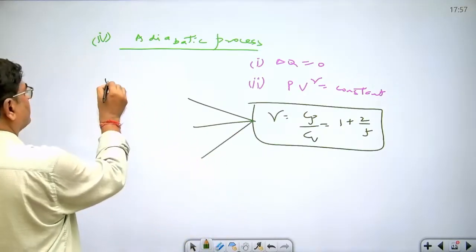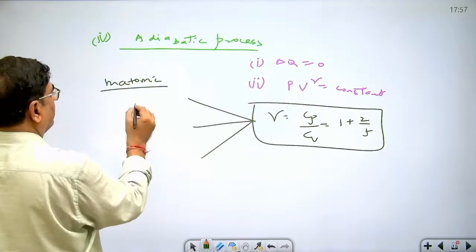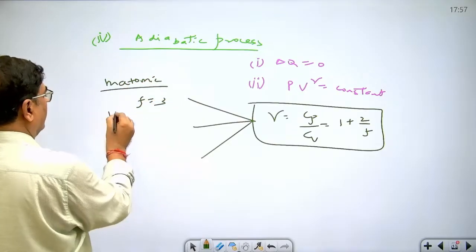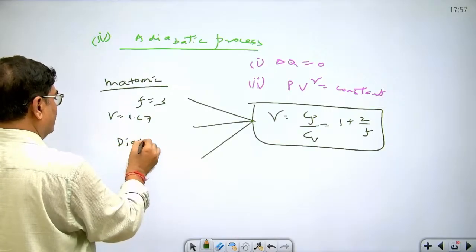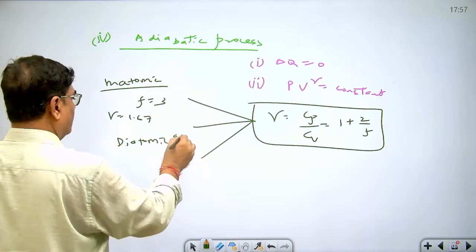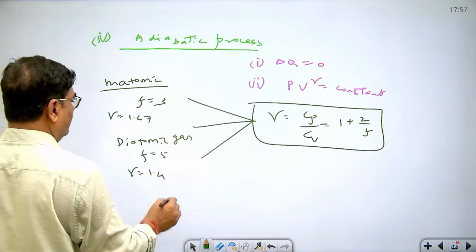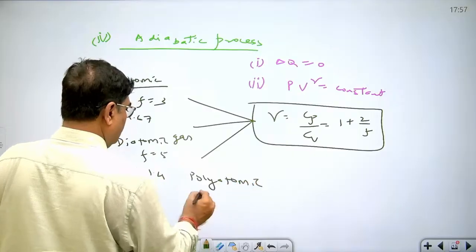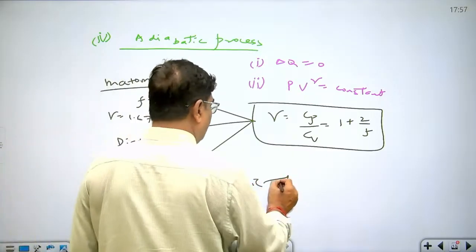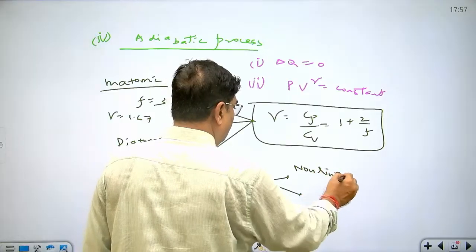It depends on the atomicity of the gases. For monoatomic gas, f equal to 3, so gamma is 1.67. For diatomic gas, degree of freedom is 5, so gamma equal to 1.4. And for polyatomic gas, there are two types of structure, non-linear and linear.